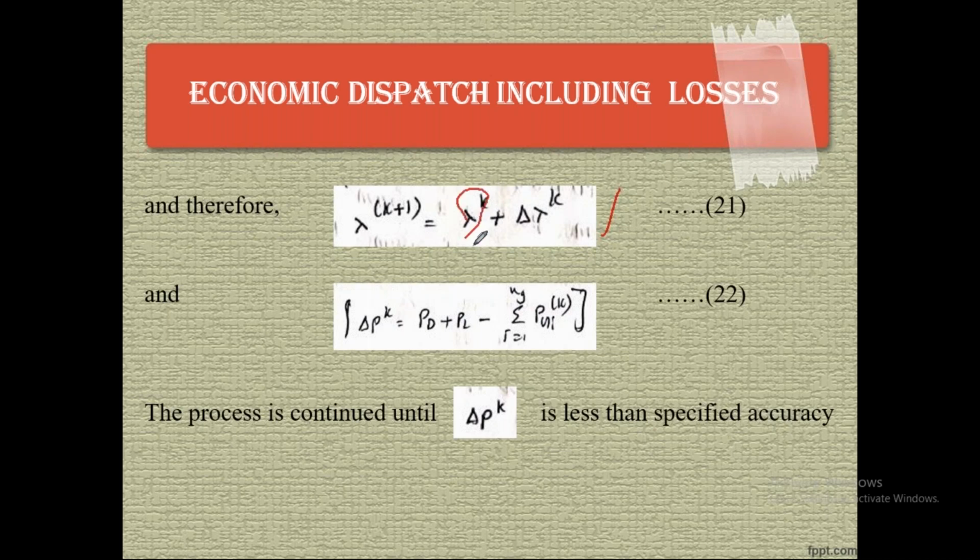If the power balance equation is not satisfied, we have to update and go to the next iteration, that is the k plus 1 iteration. In that iteration, we have to add the change happening in the lambda value. So this is iteration 1. Let's consider this iteration 2. For iteration 2, you definitely update the lambda value by using this equation. And after that, previously the delta Pk is there, right? That is the numerator value.